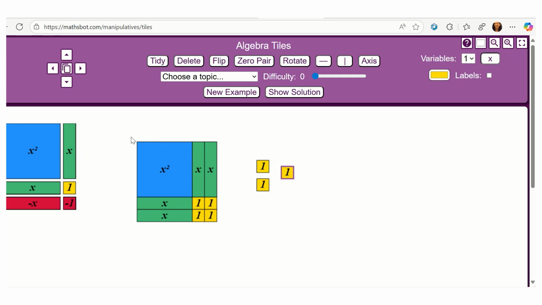And this distance is also x plus 2. So the area of the whole thing is x plus 2 times x plus 2, and then I have this extra 3. I'm going to pause the video here if you want to copy that down, if you need to see it, like x plus 2 and x plus 2.